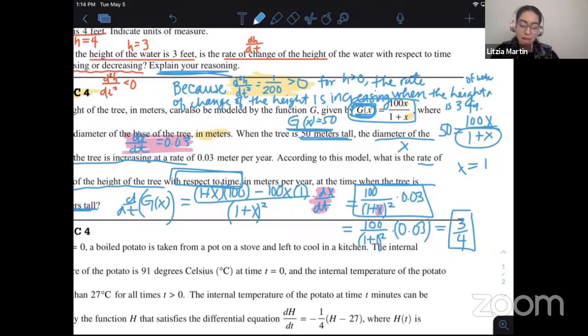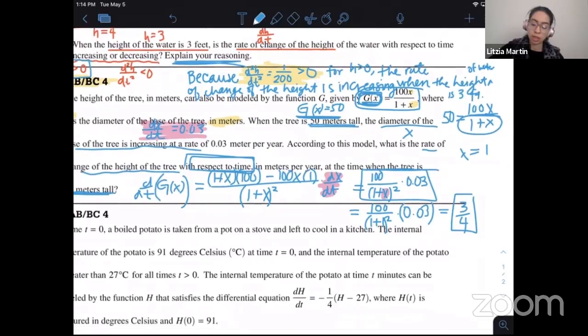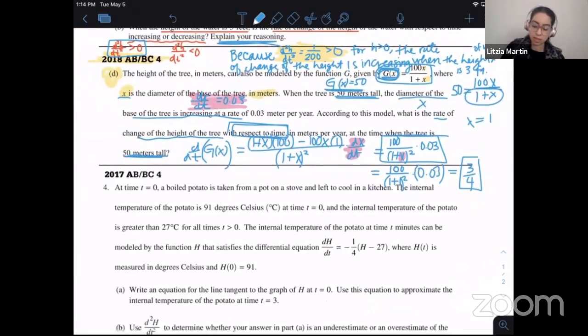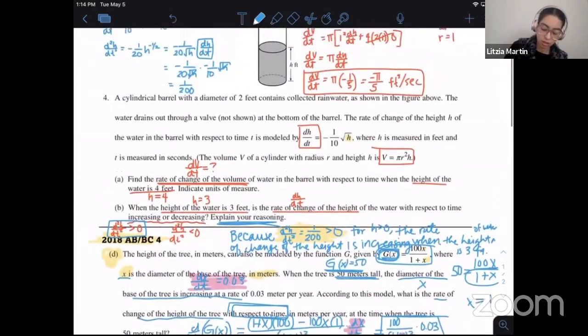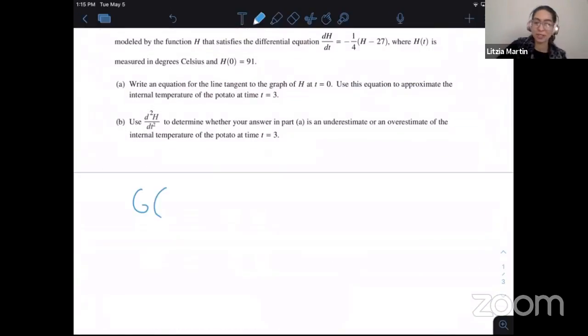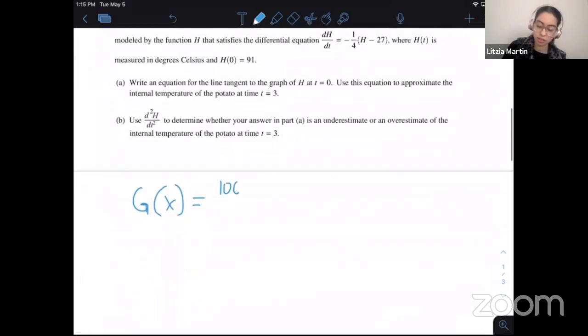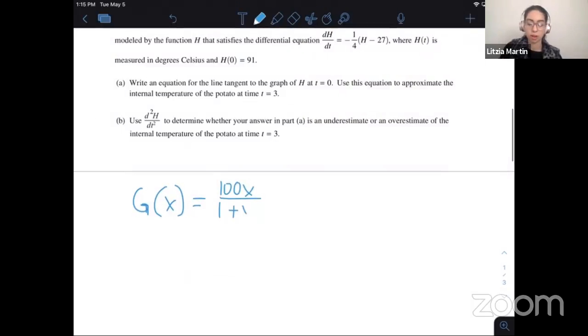Okay. This one was kind of complicated because we're switching the variables throughout the functions, right? We're given here g of x is equal to 100x divided by 1 plus x, right?